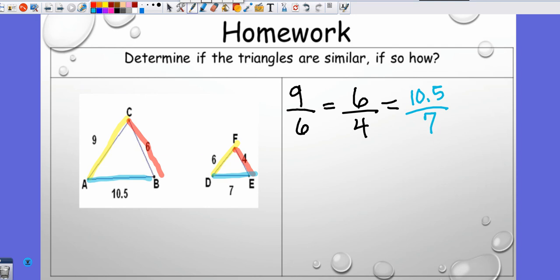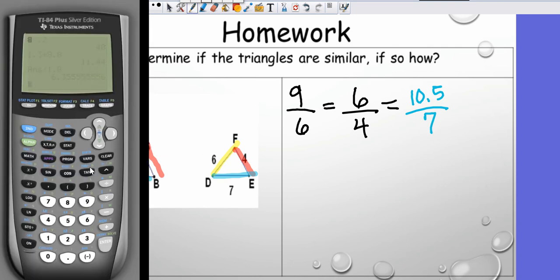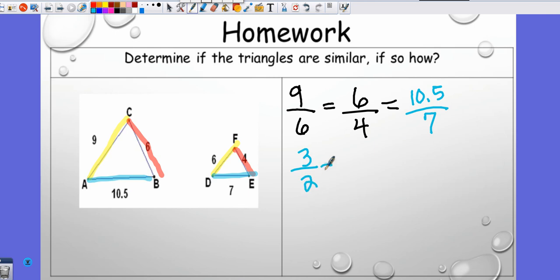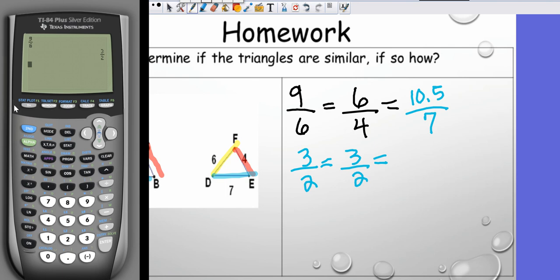And we're just going to check. We're going to take our calculator and make sure all of them are equal. I'm going to do alpha y equals, so I can just go ahead and put the fractions directly in. So 9 over 6 equals 3 over 2. This one's also 3 over 2. And let's do that next one. 10.5 over 7.